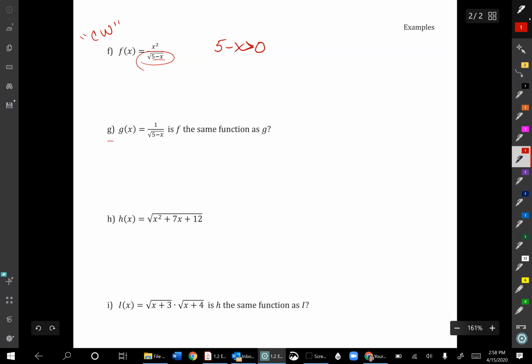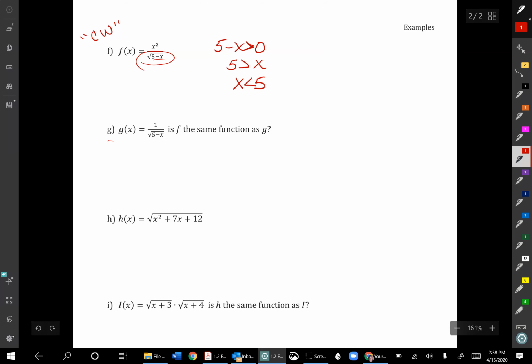So we're just going to write it straight off the bat as greater than 0, and we can just add the x to the other side like this. So we would have 5 greater than x, and then just switch it around, x less than 5.